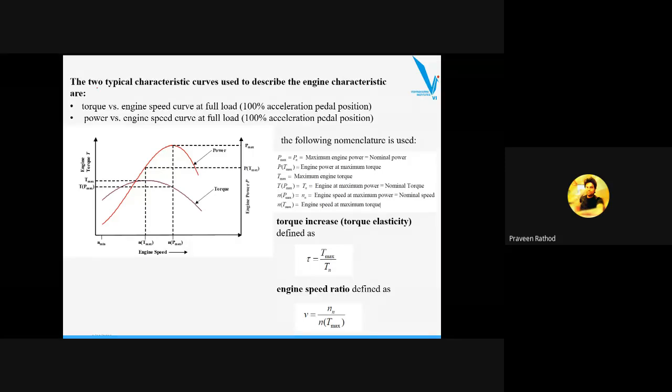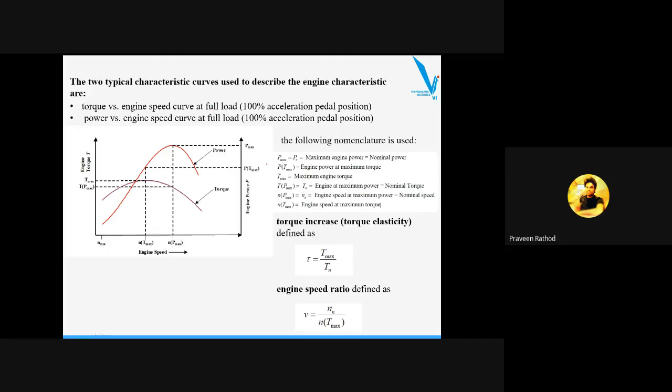The two typical characteristic curves used to describe the engine characteristic are: one, the torque versus engine speed curve at full load, that is 100% accelerator pedal position, and second, the power versus engine speed curve at full load. So there are two curves, a torque curve and a power curve, shown with the following nomenclature.